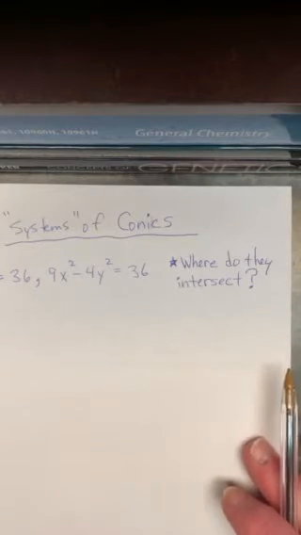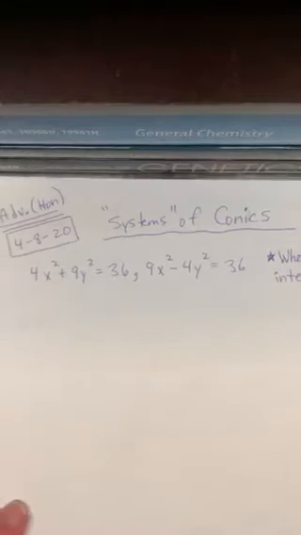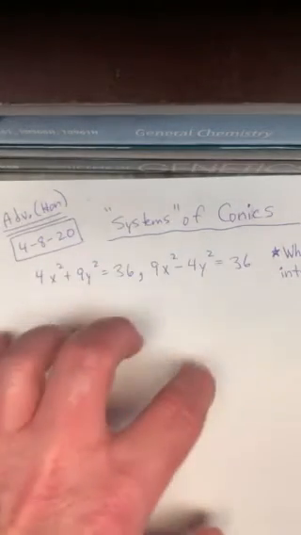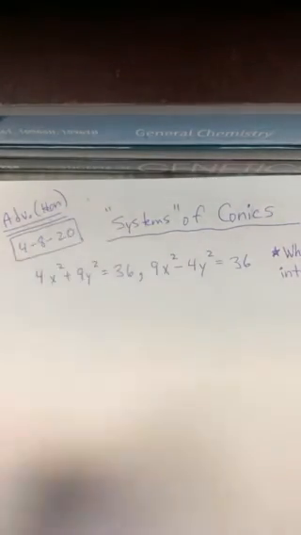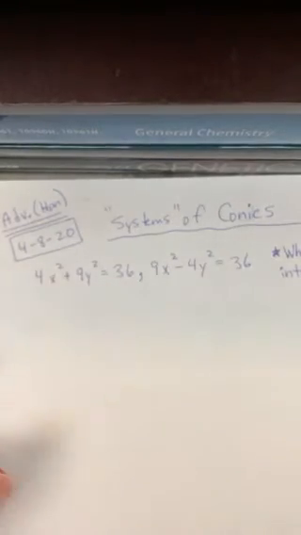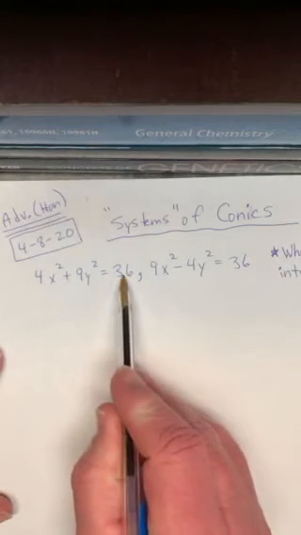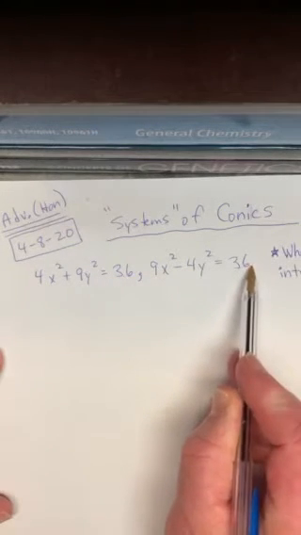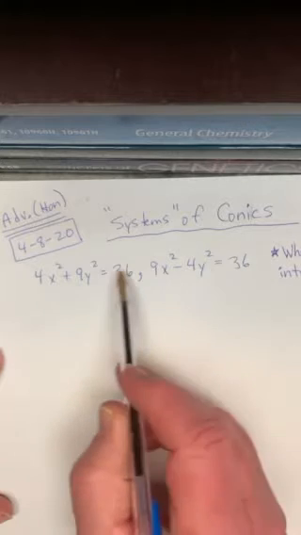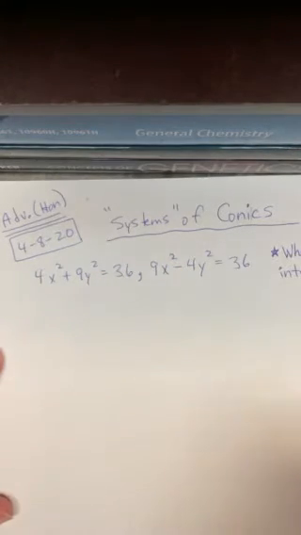Now, to do this, your first thought is, if we want to know where do they intersect, we should probably graph them as quick as we can. They're pretty basic. And get a feel for where and how many times they actually intersect. If you notice, this one's equal to 36, this one's also equal to 36. We know ellipses and hyperbolas have to be equal to 1 for you to graph them accurately.